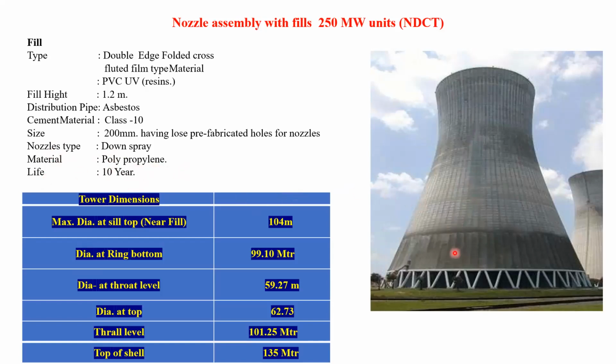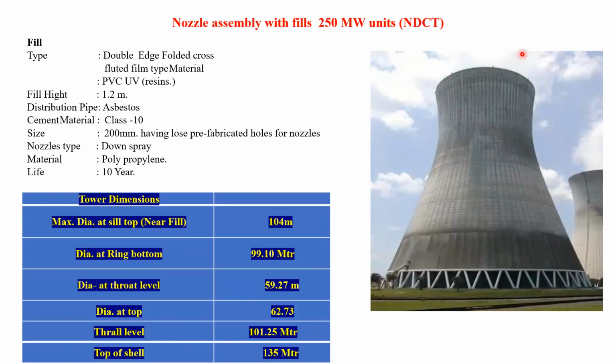So this is the actual natural draft cooling tower, up to 250 megawatt. Some dimensions I am giving you will not find anywhere in the books. Maximum diameter at the sill at the top is 104, above the sill you can see here. That means the maximum diameter is 104 meters. Diameter of the ring at the bottom near the fills is 99.10 meters. Diameter at throat level is 59.27 meters.